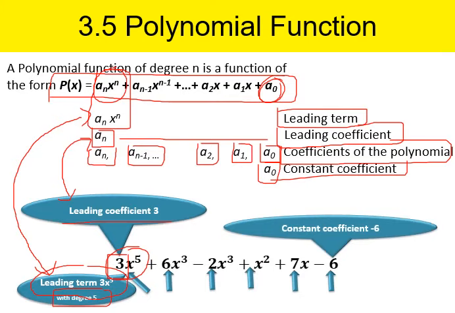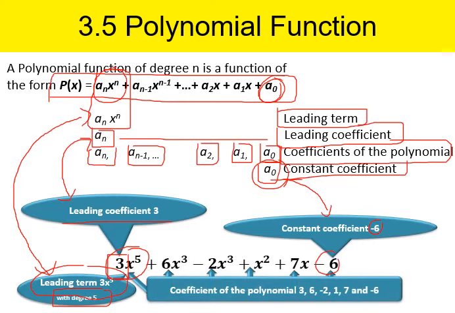And then the last one is the constant coefficient here. Yes, it's a number only. It's minus 6. And more things appear. It's called the coefficient of the polynomial. Coefficient is a number. It's not x, it's not y, it's a number. So we have coefficient of the polynomial start from the first term here, the 3, the 6, minus 2, 1, 7, and minus 6.